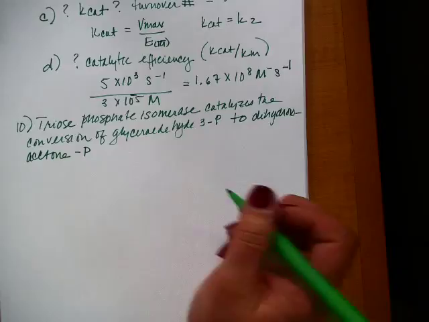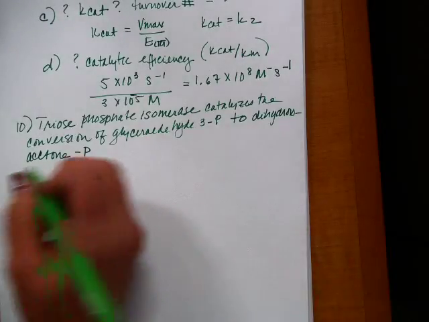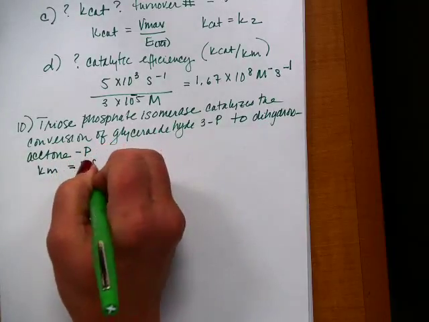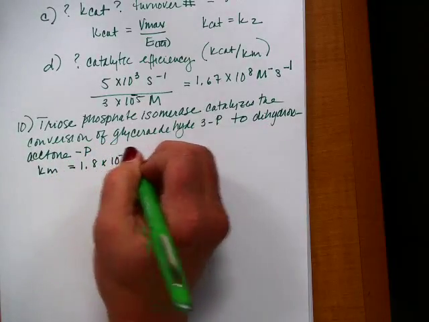We are told that the Km for this enzyme is 1.8 times 10 to the negative 5th molar.